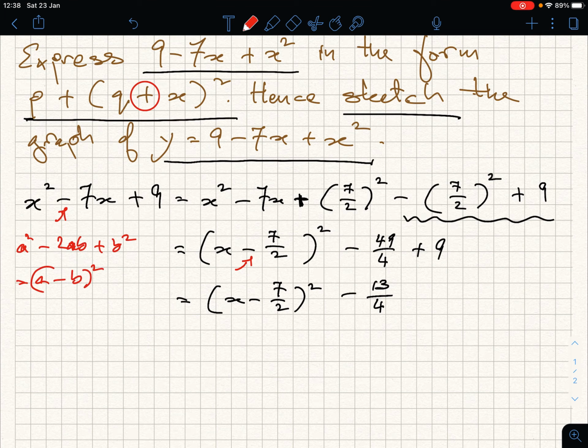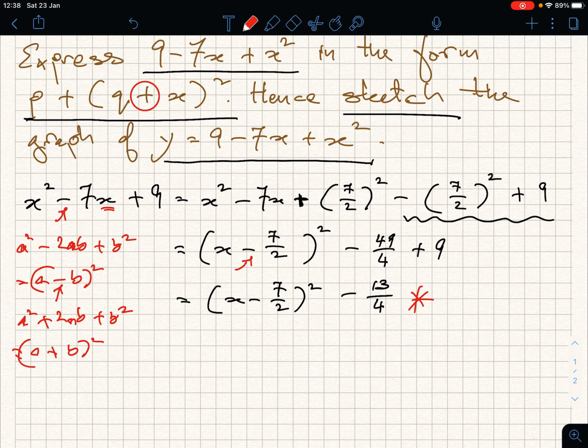So if the coefficient of x is negative, it has to be a negative b. Bear that in mind. If it is a squared plus 2ab plus b squared, that gives a plus b, bracket squared. You learned this in Sec 2. So this is your final answer for completing the square.